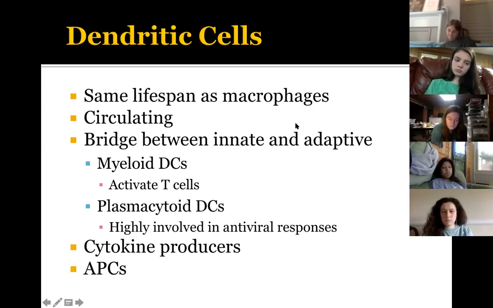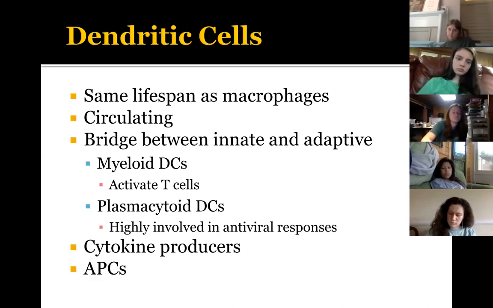All right. Dendritic cells, another type of phagocyte, right, have a very similar lifespan to macrophages, days to weeks. Dendritic cells are circulating. Remember, they're not typically going to take up residence in tissue because they're scouts. They're just trying to find whatever information they can, report back to the adaptive immune system, so they're kind of always on the move. Dendritic cells are one of the most important bridges between the innate and the adaptive immune system.